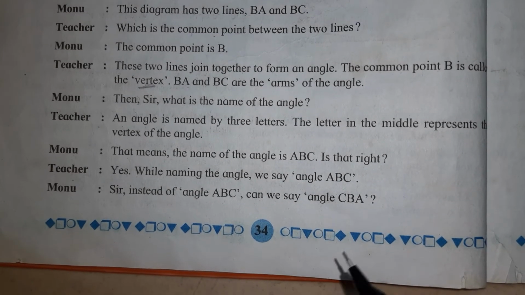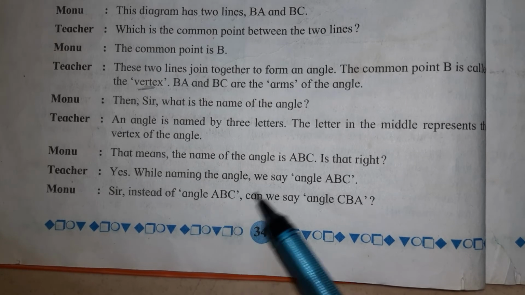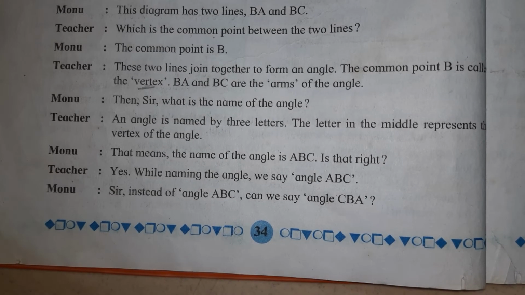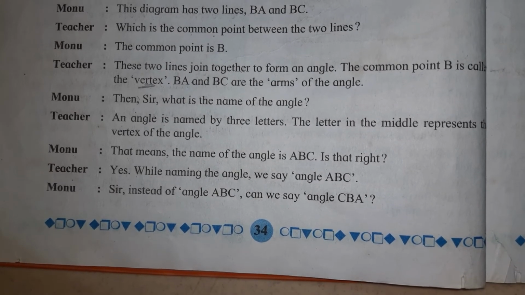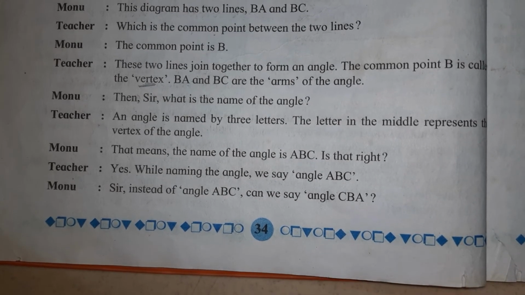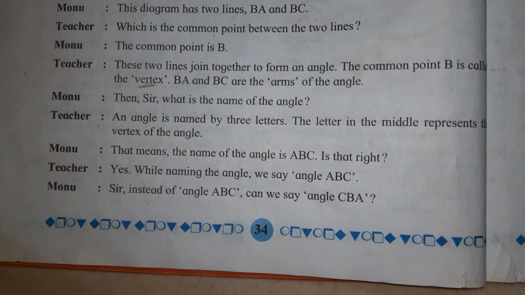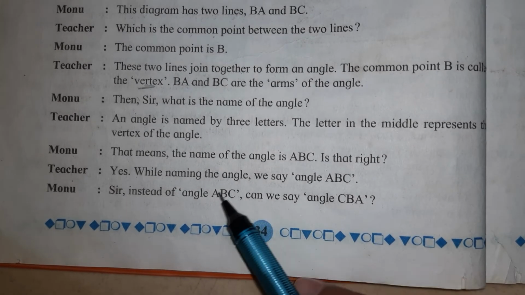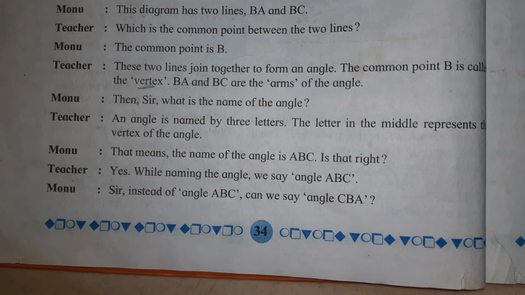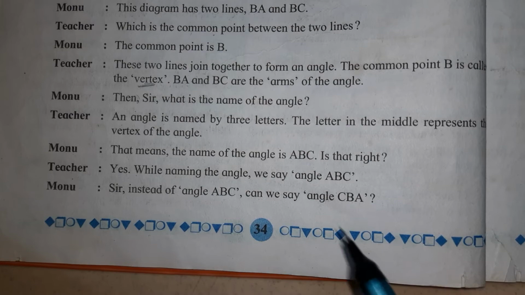Now tell me, is it always possible to write this word angle every time? जब भी हमें किसी एंगल का नाम लिखना है तो सिर्फ ABC या CBA ऐसा तो नहीं बोल सकते, वो शेप कौन सा है वो बताना ज़रूरी है. But always writing the spelling ANGLE will be very tedious and boring.